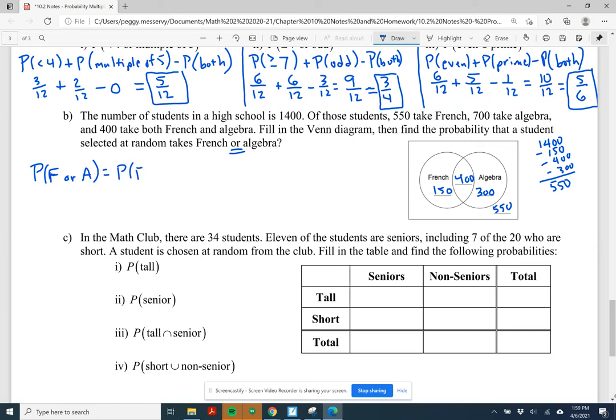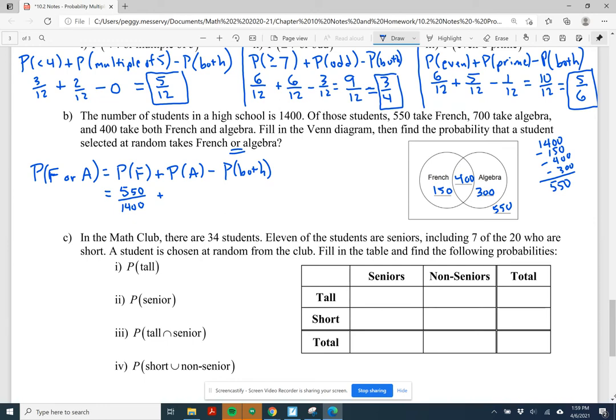That's the probability of French plus the probability of algebra minus the probability that they're taking both. All right, so probability of French is going to be 550 over 1400.